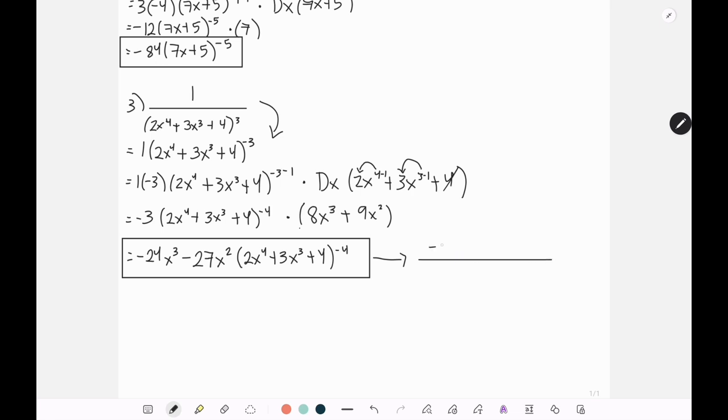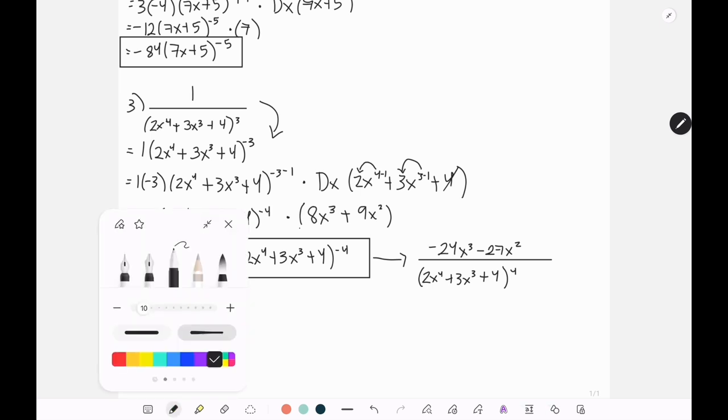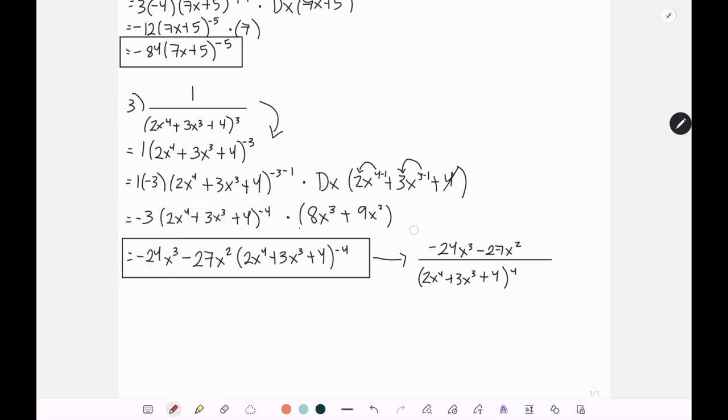So, we have negative 24 x cubed minus 27x squared, and then 2x raised to 4 plus 3x raised to 3 plus 4 raised to 4. Okay? So, it will be our final answer. Oops. So, this will be our final answer. So, this one.